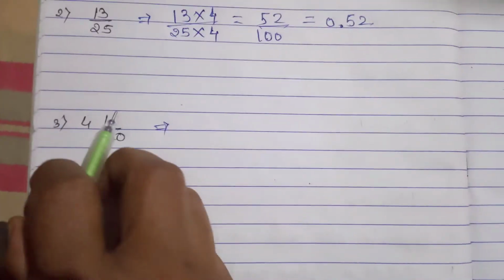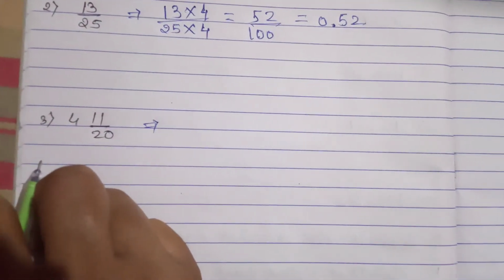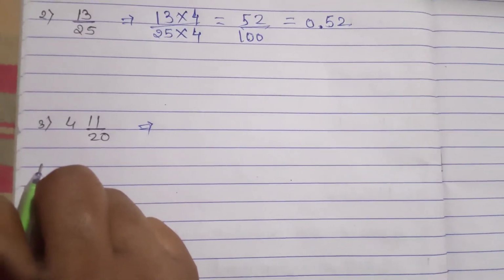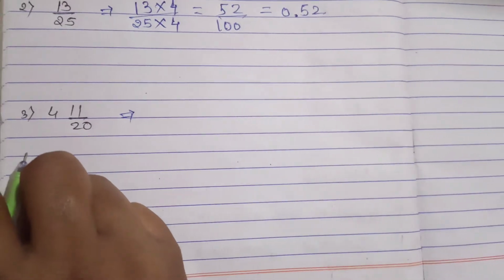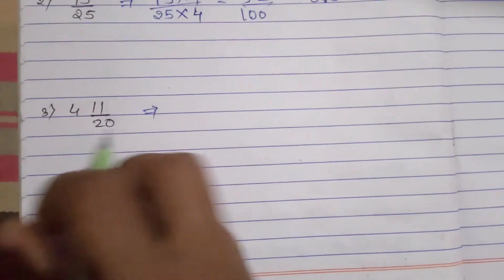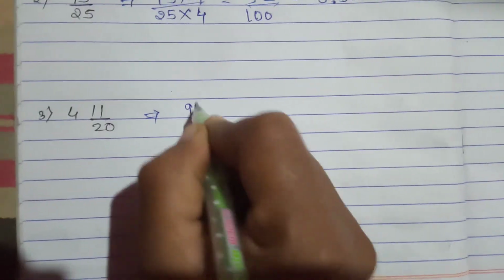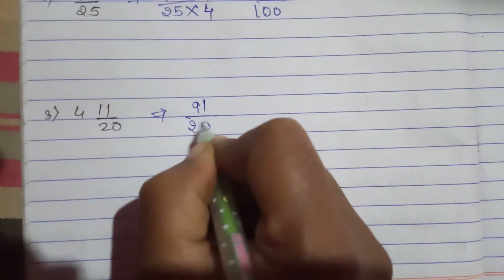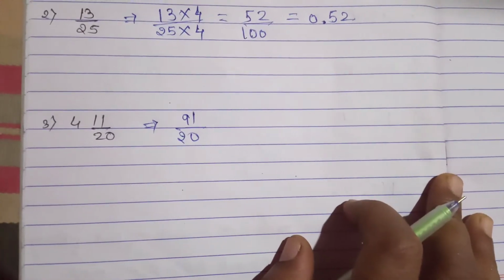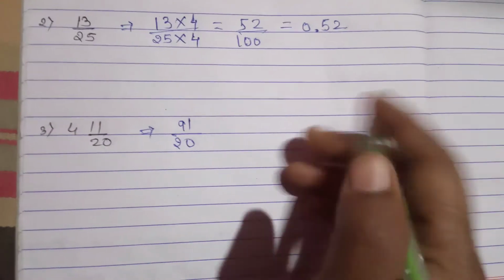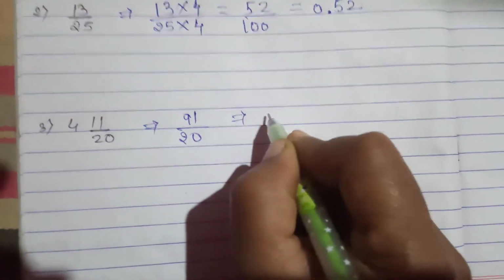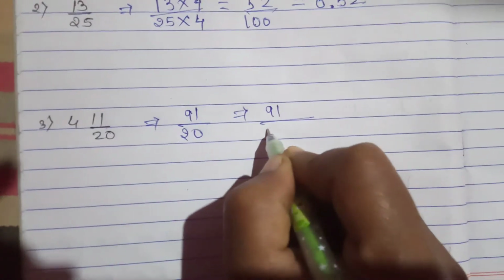Then third example is a mixed fraction. So first convert this mixed fraction into the improper fraction. 4 20s are 80. 80 plus 11 is 91. This is 91 by 20. Then write down as it is.